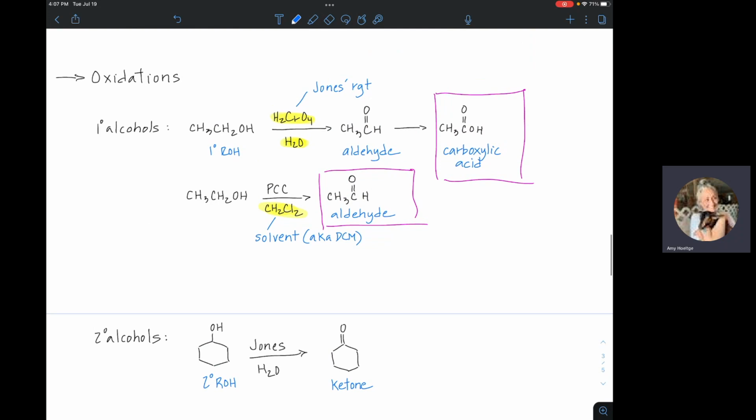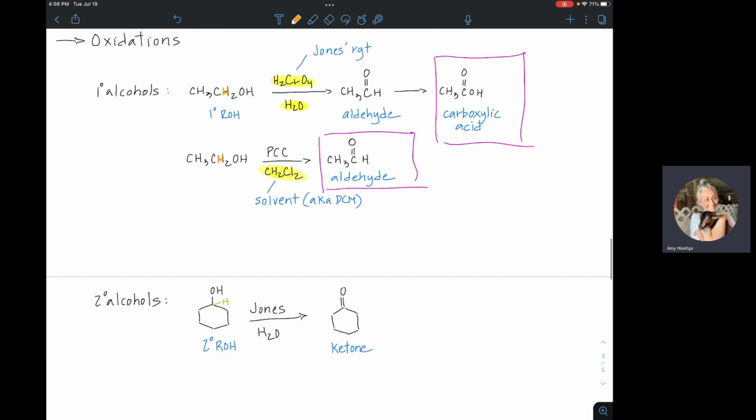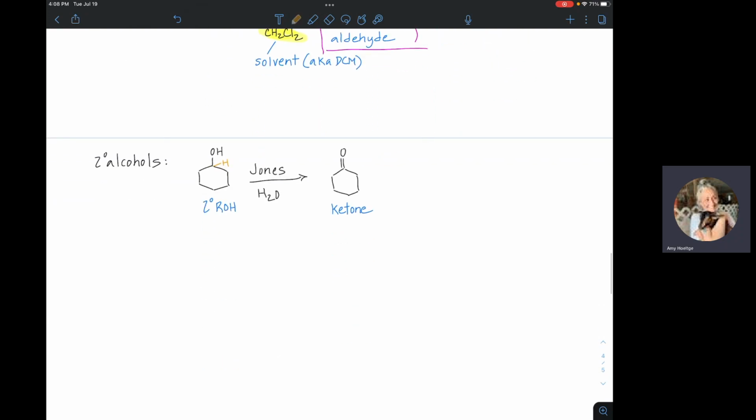In all of these cases, and I'll draw this in a different color, the hydrogen that's attached to the carbon whose oxidation state will change is required in the mechanism. So a tertiary alcohol, where that hydrogen doesn't exist, does not undergo oxidation.